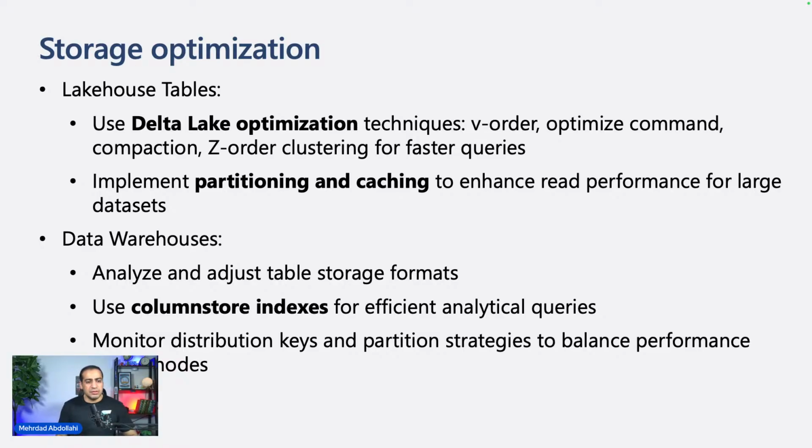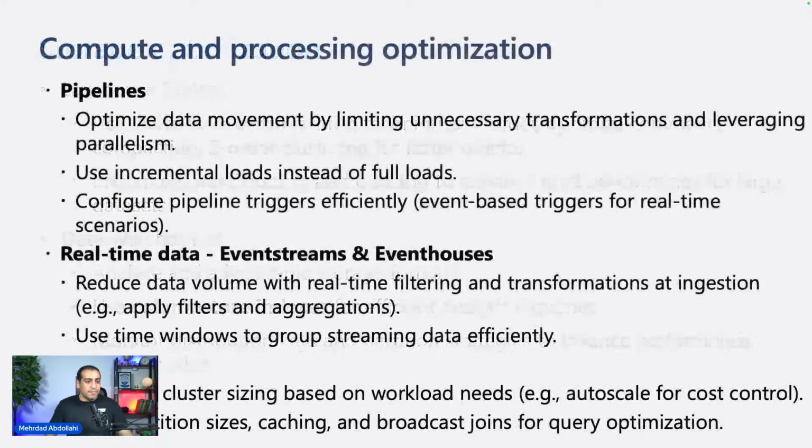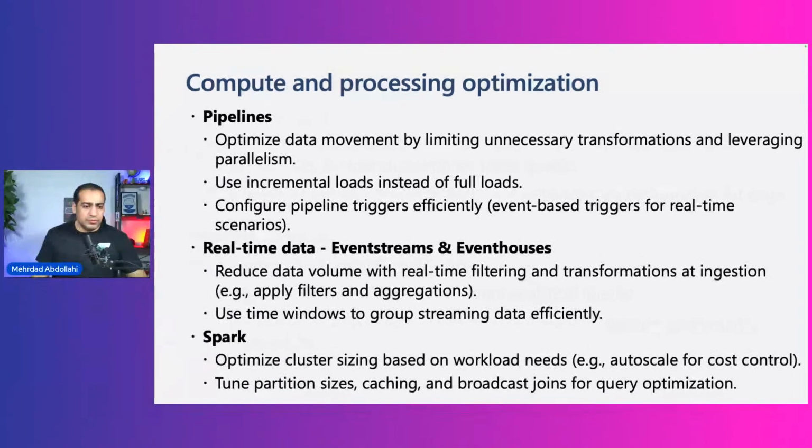You can use columnstore indexes for efficient analytical queries, and always monitor distribution keys and partition strategies to balance performance across nodes. Let me just make it a bit bigger. Yeah, and when it comes to optimizing the compute and processing, we can have a look at the pipeline.